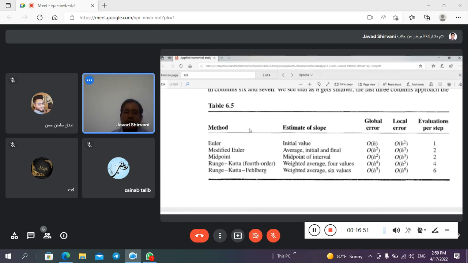We have studied the different approaches and methods listed in the first column of this table: the Euler, modified Euler, midpoint, Runge-Kutta of the fourth order, and the last one, Runge-Kutta-Fehlberg.